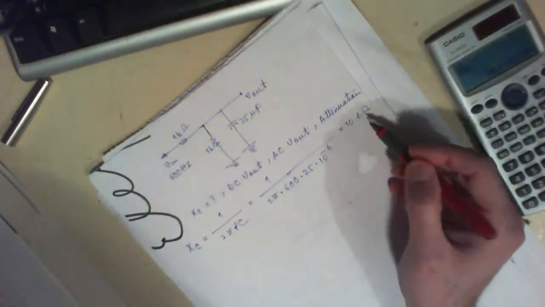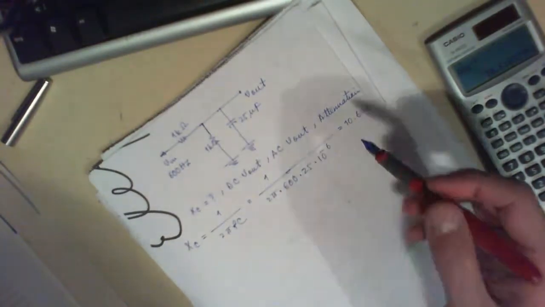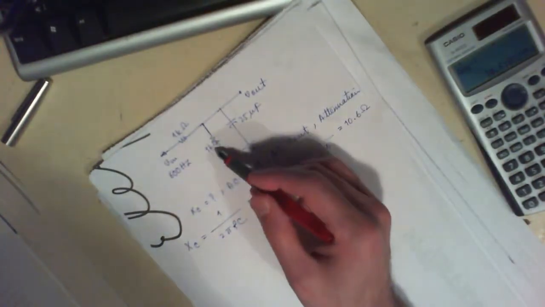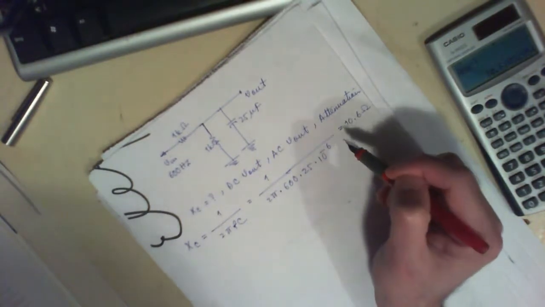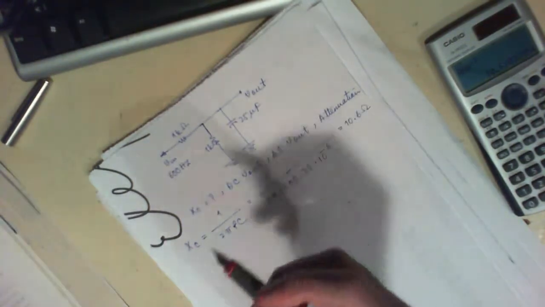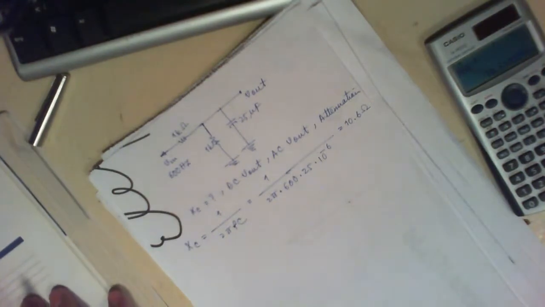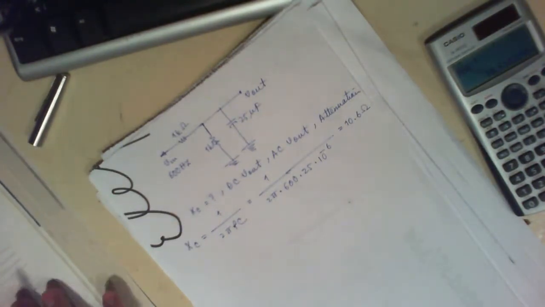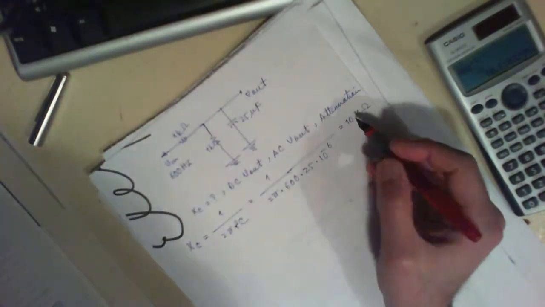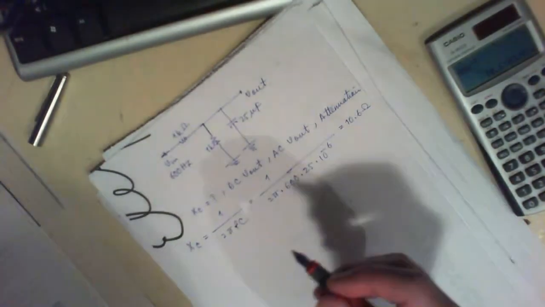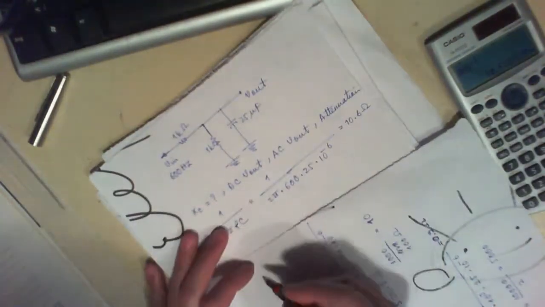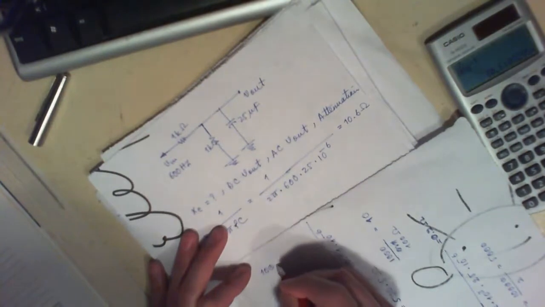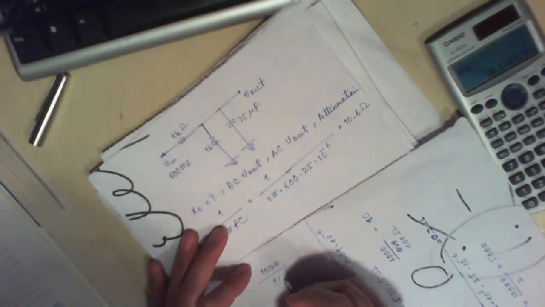10.6 ohm is very close to 1/10 of 1 kilo ohm, because this is 1000 ohm. So let me see, 1 kilo ohm over here, 1000 ohm, and that is basically 10 ohm.